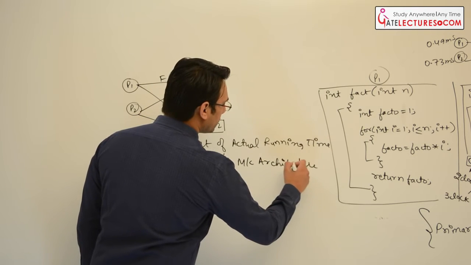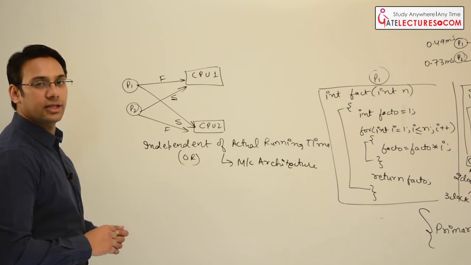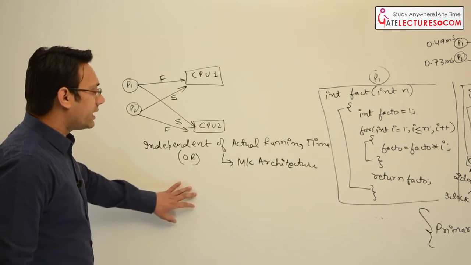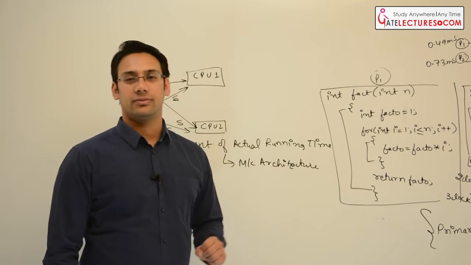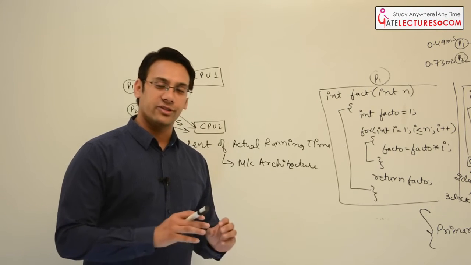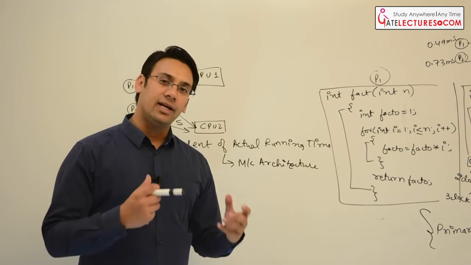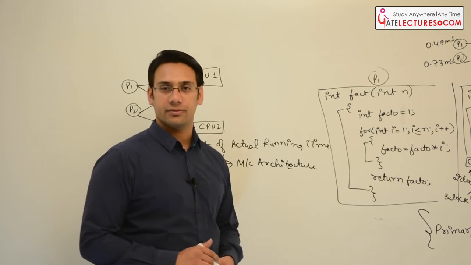Whatever criteria you are going to use to compare these programs should be independent of your machine architecture. It does not matter on what machine you run these programs. You should be able to compare two programs not on the basis of actual running time.